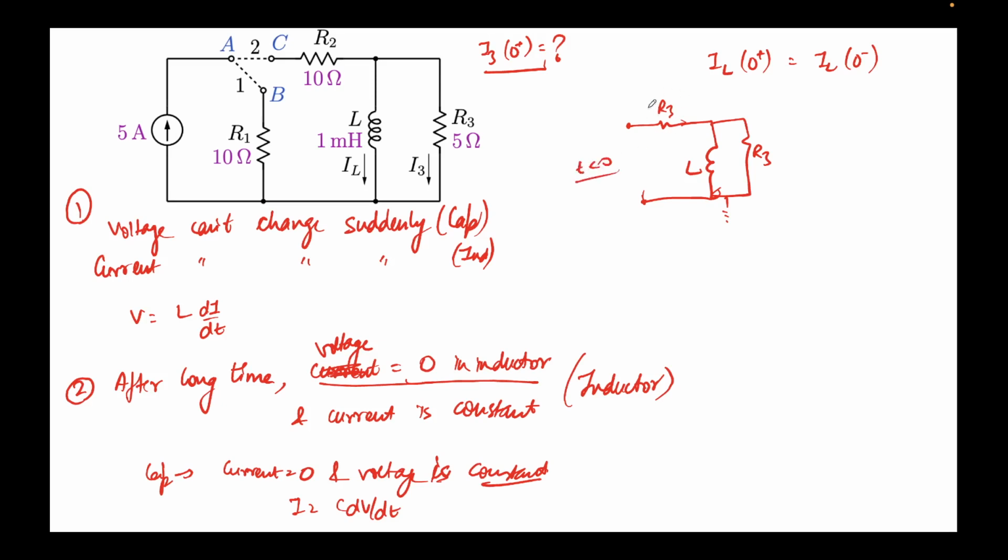This part is useless. If at all any current was there, it would have been flowing like this, provided the inductor had some initial energy stored inside it. But if this circuit is on from t equal to minus infinity to t equal to 0, all energy would have been lost.